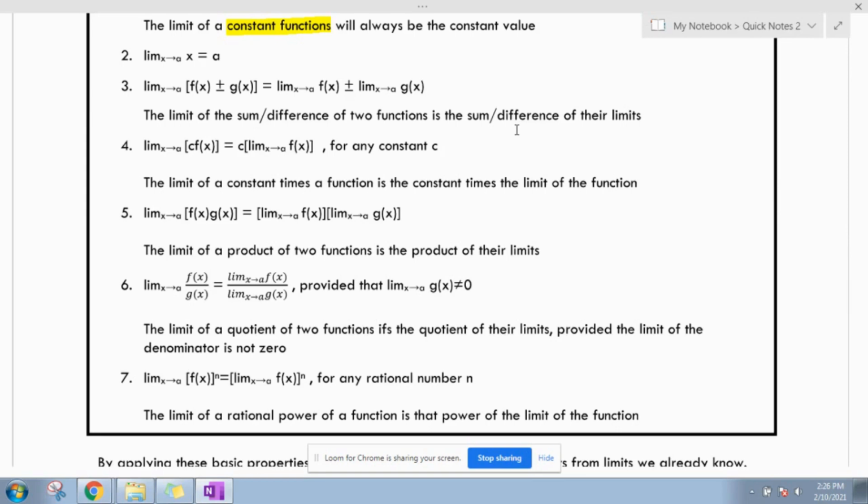And lastly, for the limit of f of x raised to some exponent as x approaches a, you can figure out the limit of f of x first and then raise it to the exponent n. Those are the 7 properties that we're going to take a look at involving limits. Let's take a look at solving some limits algebraically.